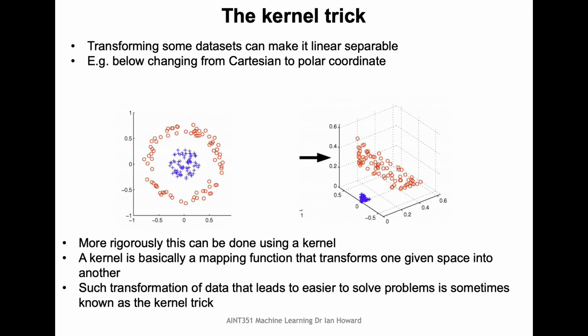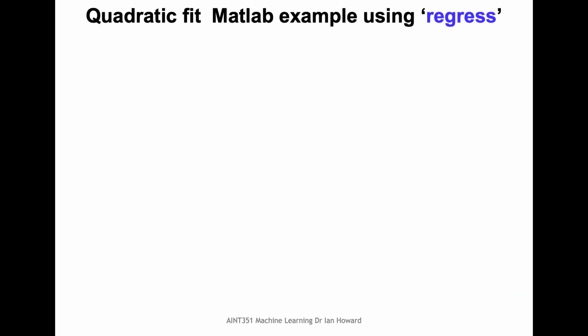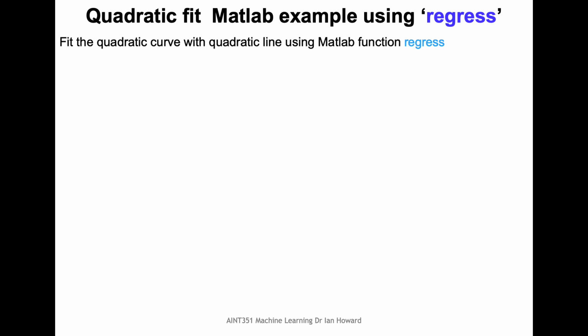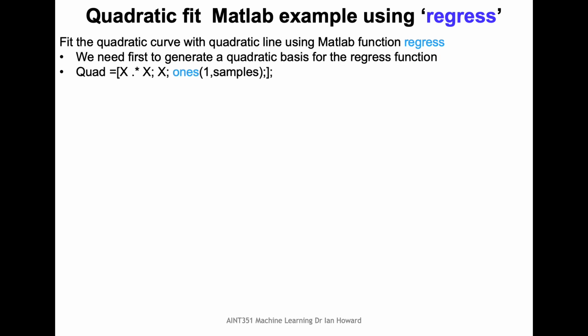And we can use this to our advantage in this case by saying, well, rather than trying to fit a line to it, which is just a linear line, we can represent the data with a different, more complicated basis function, which is quadratic. So I'm going to generate a quadratic basis function. So I've got x dot times x, so basically this is the squared value of all the x values. Then we've got all the x values. Then we've got a constant.